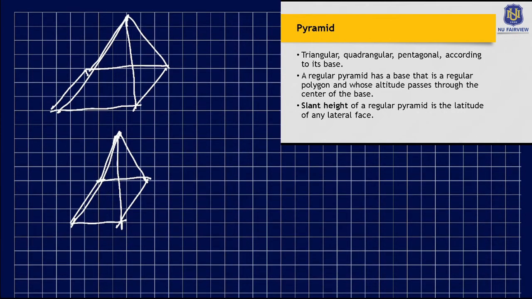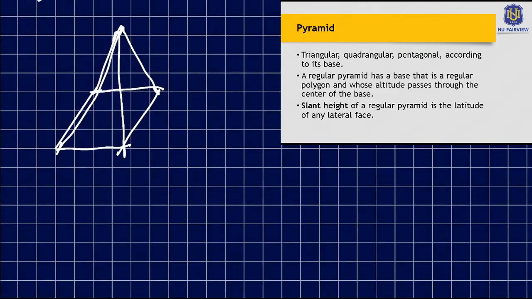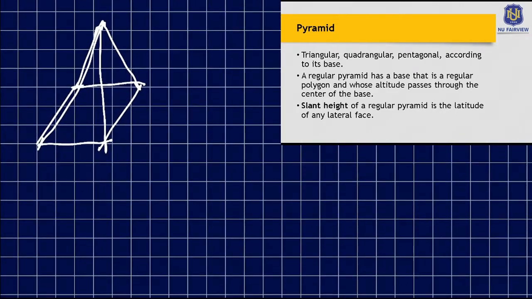Okay? Now, yung altitude ng isang regular pyramid passes through the center of the base. So, yung altitude niya ay nagmumula sa apex natin here and would go dito straight to the center. Now, it forms a right angle here. Okay?